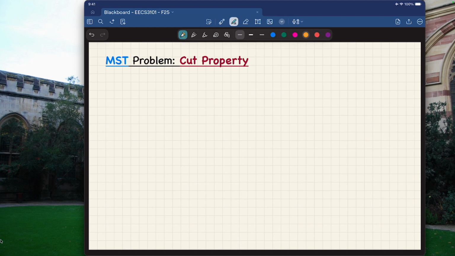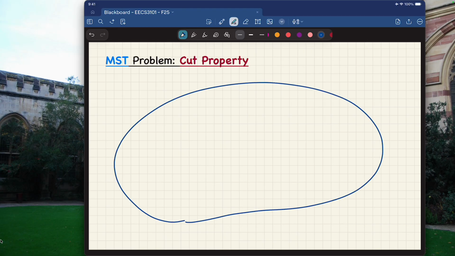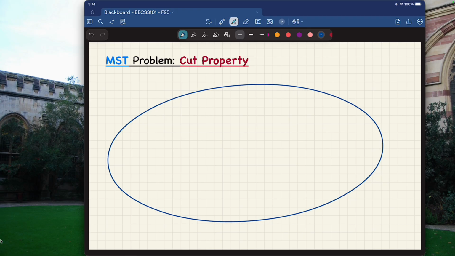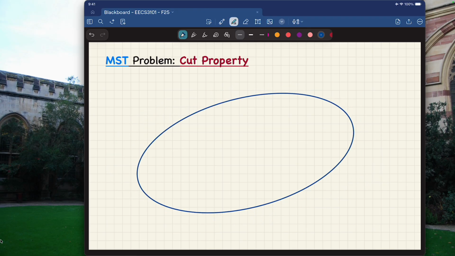So let's say this big collection over here is the G. Think about this one as the graph with all the vertices and also edges. And also it must be weighted. And also it must be connected. It's basically condition number one in the written definition.